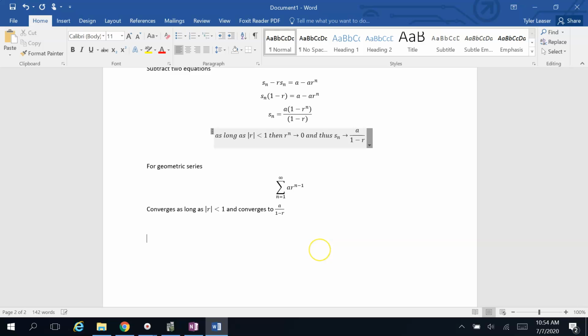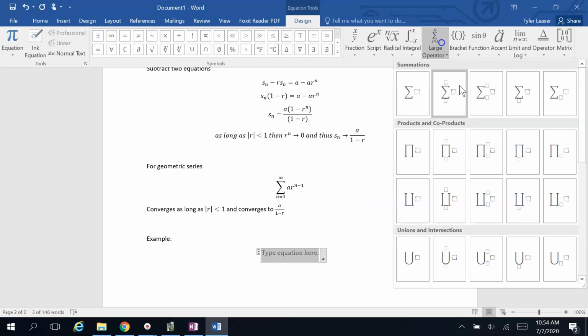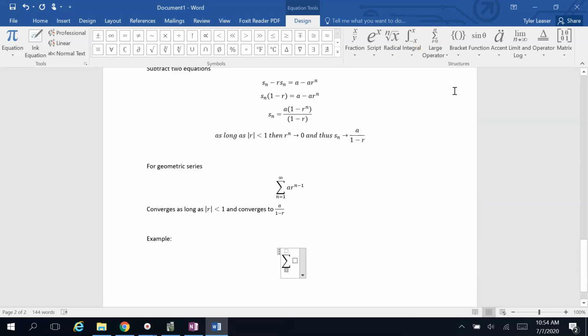Okay, so let's just look at a quick example or two, or three. The example we're going to look at is the infinite sum, as n goes from 1 to infinity, of 1/9 times 1/3 to the n minus 1 power.